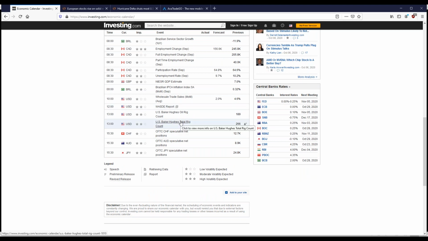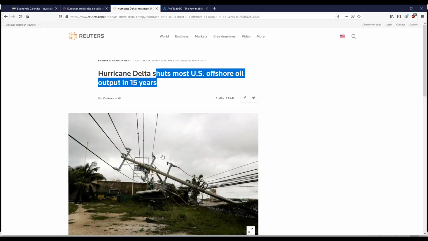We already talked about the hurricane limiting the amount of production or offshore oil retrieval in the US, the amount of supply being limited because of the hurricane in a large fashion.